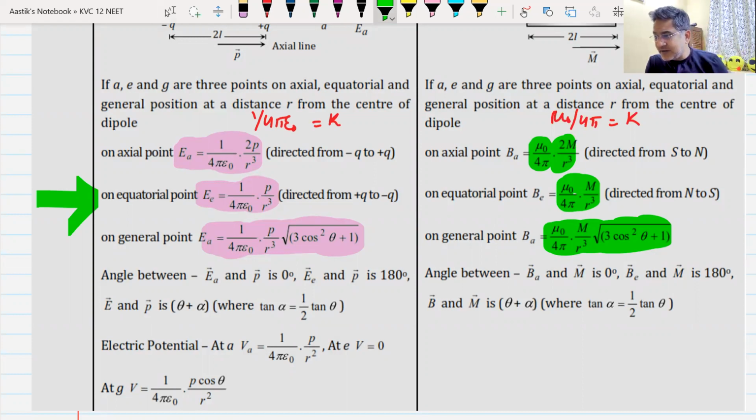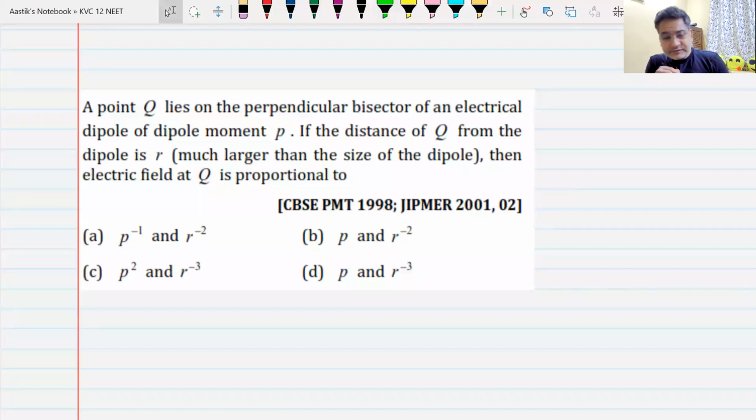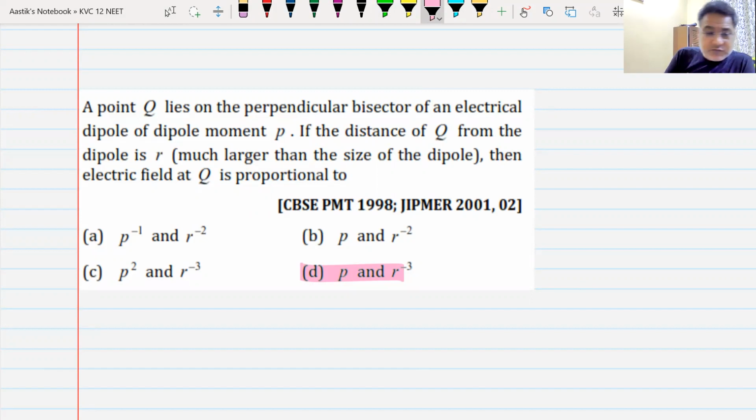He writes a thing 5 times. He remembers it. You are in standard 12. You should also develop the same habit that if you write things, you should be able to remember them. So the answer is D here. It's directly proportional to P, and inversely proportional to R cube. You must remember it. There is no excuse for not remembering it.